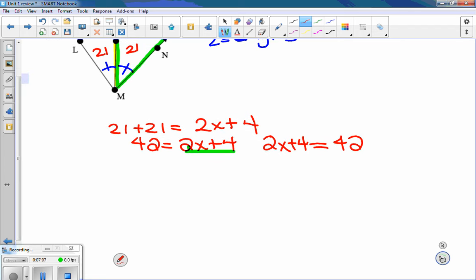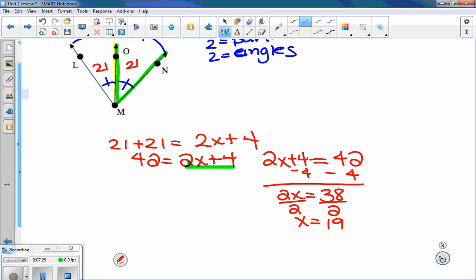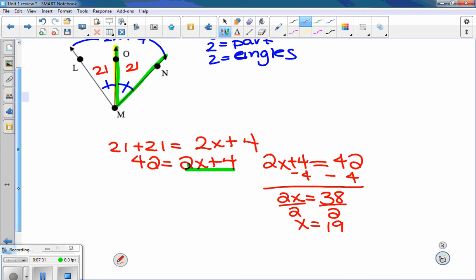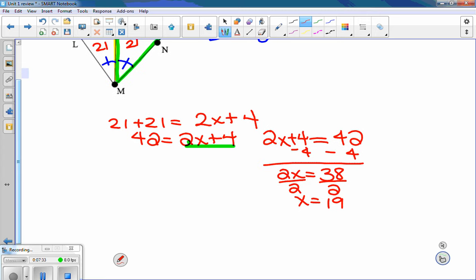So let's subtract 4 from both sides. 2x is equal to 38. Divide by 2. X is equal to 19. Didn't ask you to solve, just solve for x. Perfect. Give y'all a second to write that down before I move on.